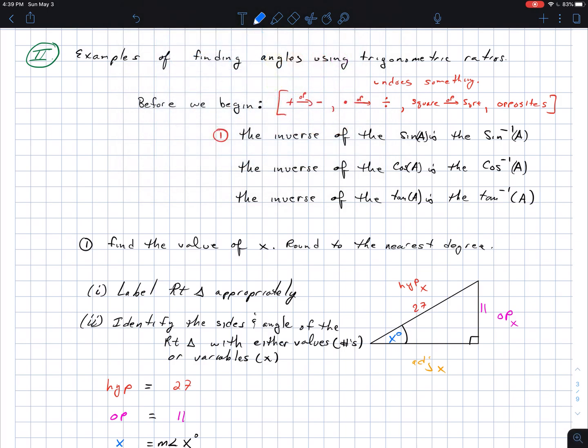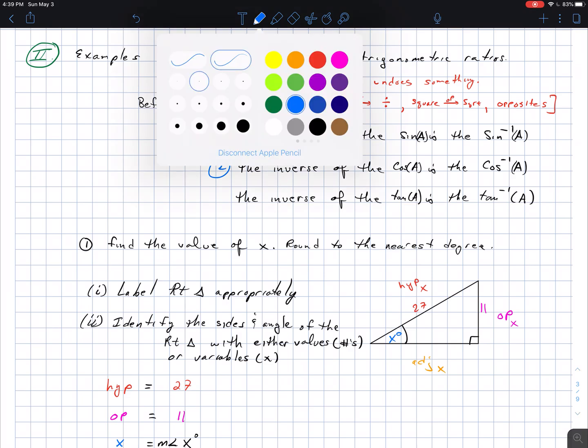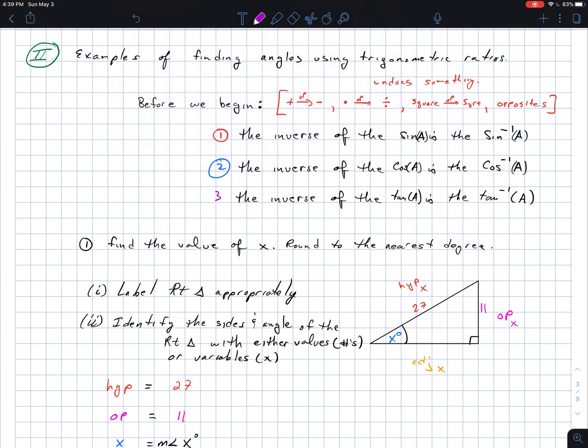Now, number 2 simply states that the opposite of cosine is cosine to the negative 1. These are really called arcsine, arccosine, and arctangent, but we're not going to get into that now. Number 3, the inverse of the tangent of A, or I really should be saying opposites here for all of these, since inverse could mean a few other things too.